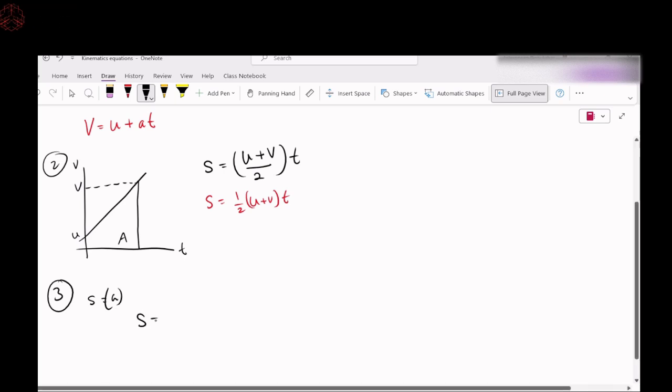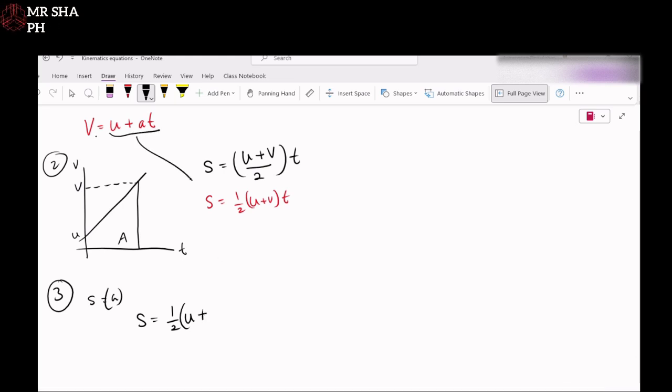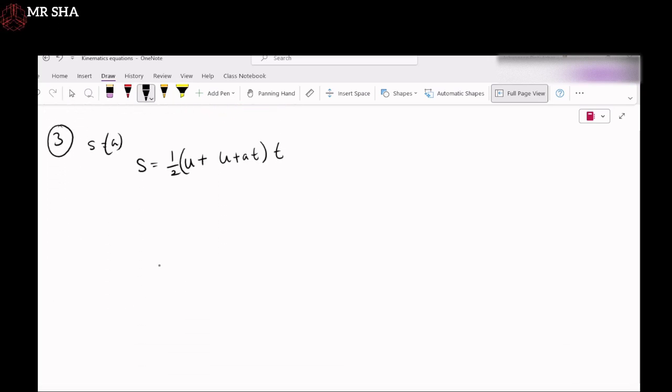I can have s equals half u plus v, and I'm going to substitute this whole thing into here. What I'll have is u plus at, times t. So s equals half times 2u plus at, times t. The half goes away with the 2u, so ut plus half at squared.